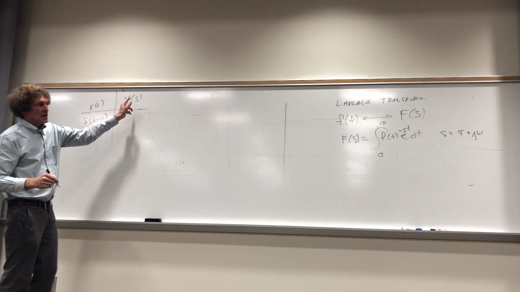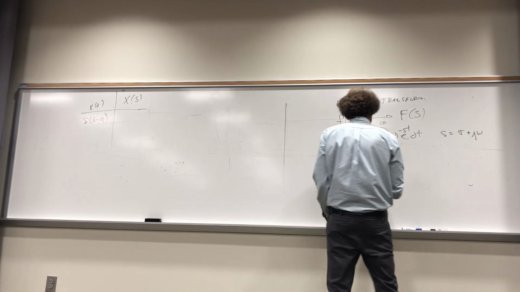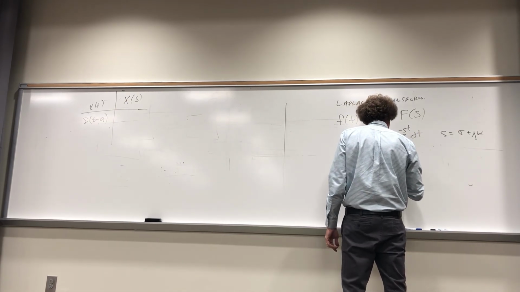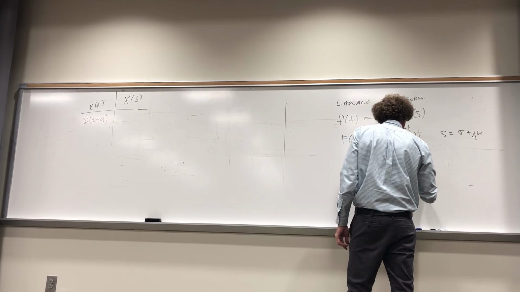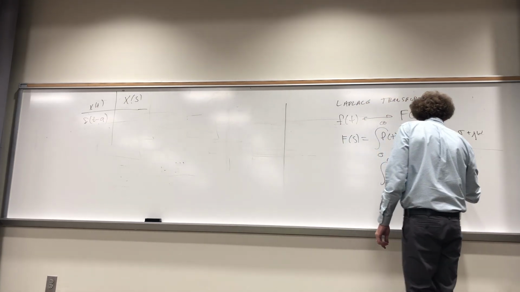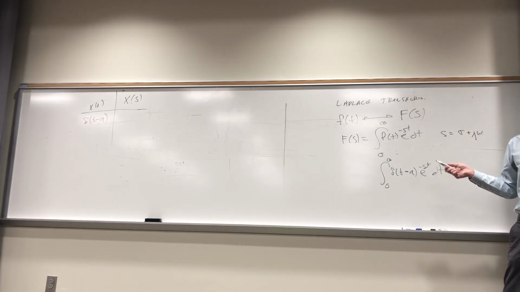What is this going to be? Well, evaluate this and think of the basic definition. If I take the integral from 0 to infinity of delta of t minus a times e to the minus st dt, what did I tell you about what a delta function does? What time do we care about here in this integral?